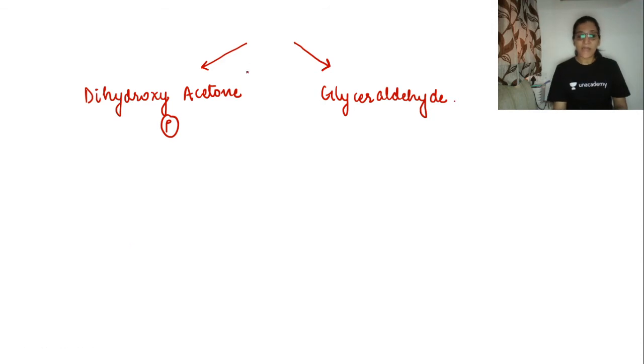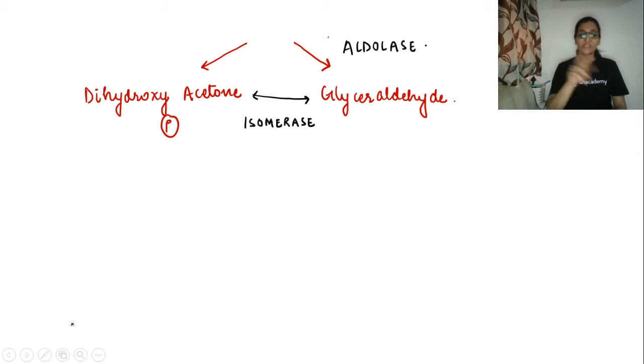The enzyme responsible for catalyzing this reaction is aldolase. And these 2 forms can also be changed within themselves by the enzyme isomerase. Isomerase will change dihydroxyacetone into glyceraldehyde and glyceraldehyde into dihydroxyacetone.